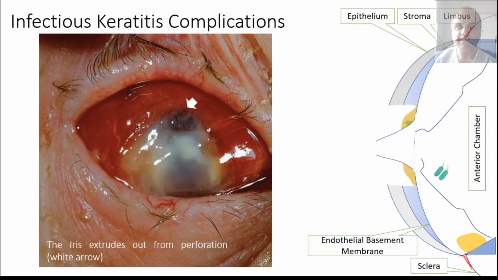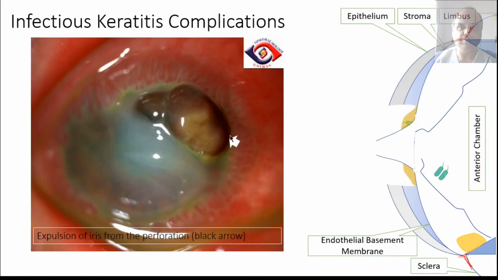So this is a perforation of a corneal ulcer, and you can see that the iris is extruding through the perforation. This is another one in which the iris is coming out of the perforation.